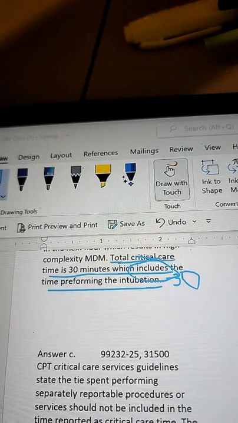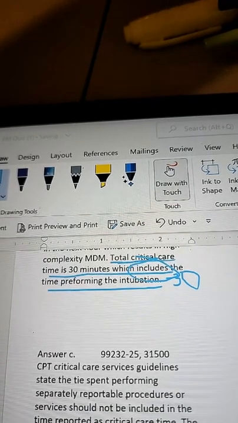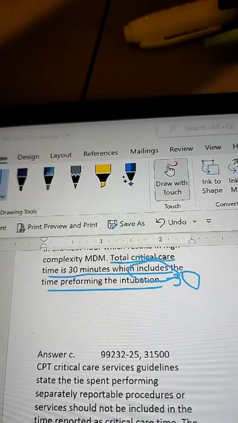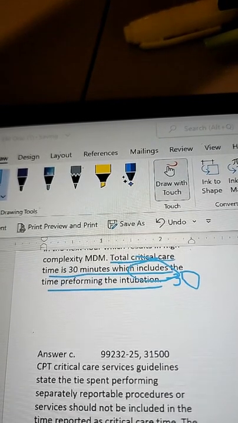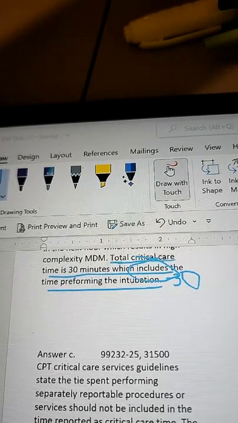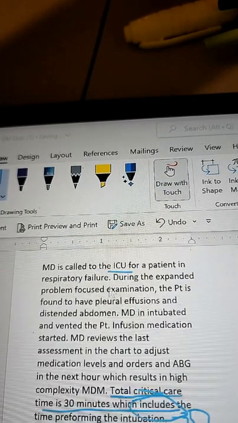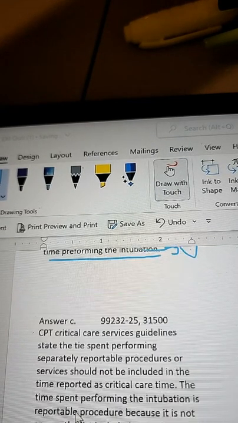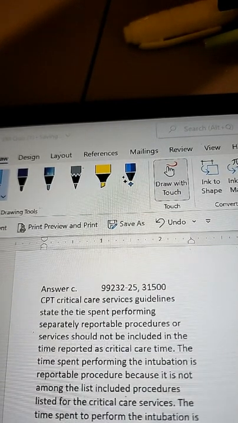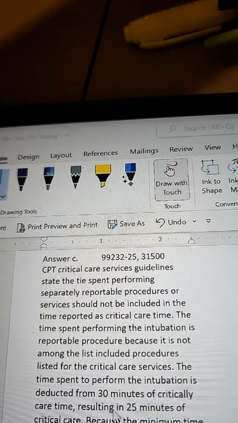The time spent to perform the intubation is deducted from the 30 minutes of critical care time, resulting in 25 minutes of critical care. I don't know where they say that at because this only says total care is 30. But anyway, a lot of their stuff is sometimes wrong.